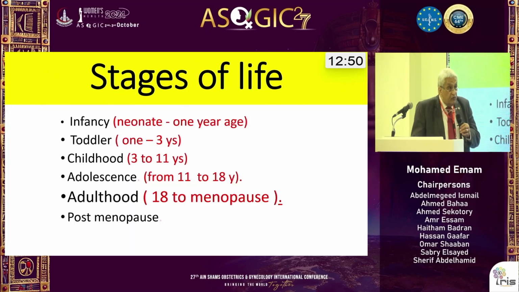The stages of life include infancy, from the neonate to 1 year, the toddler, 1 to 3 years, childhood from 3 to 11 years, adolescence from 11 to 20 years, so from menarche till 20 years, adulthood from 18 years to menopause, and post-menopause. These are the stages of life of all of us.